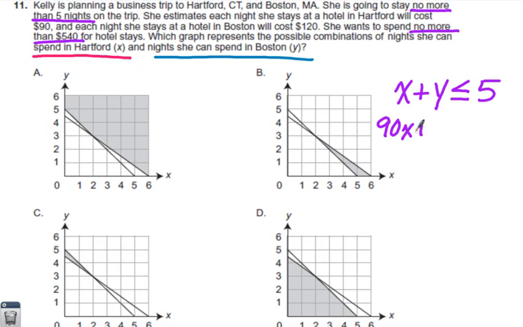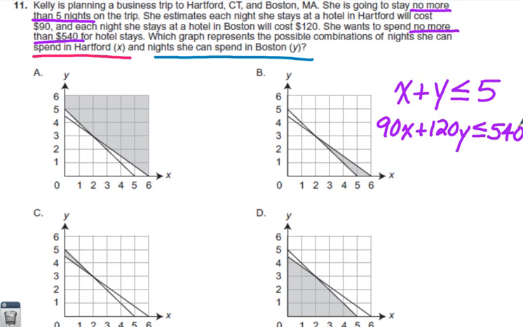And then we would also want to do 120 times Y, multiplying the cost for a night in Boston times the number of nights in Boston, Y. And that needs to be no more than 540. So now we need to figure out which one of these graphs is the graph of this system.